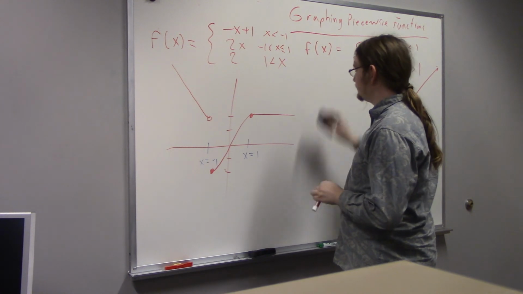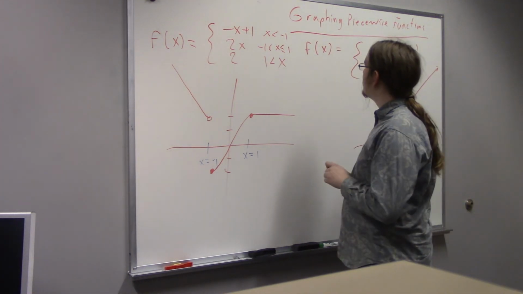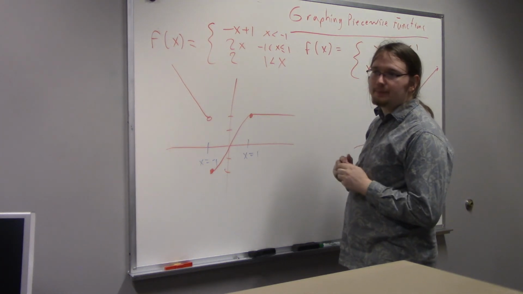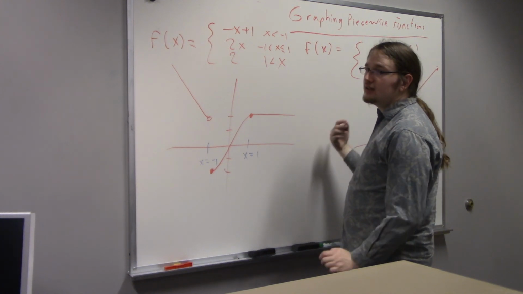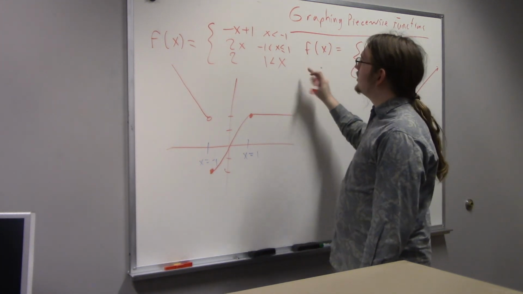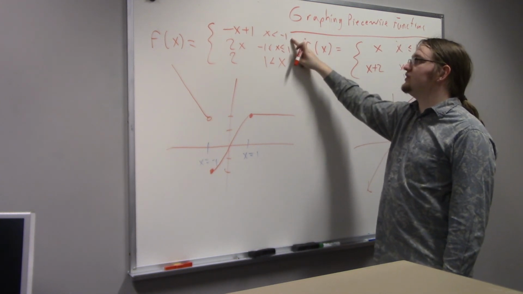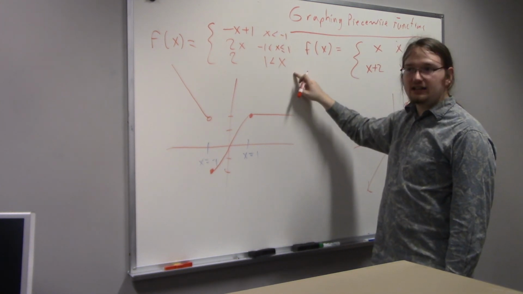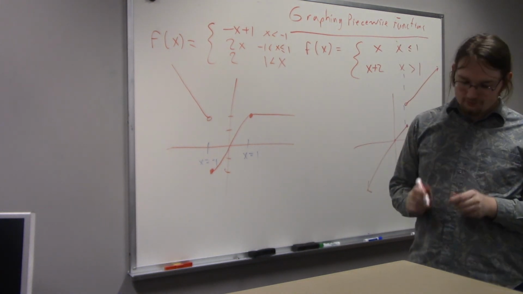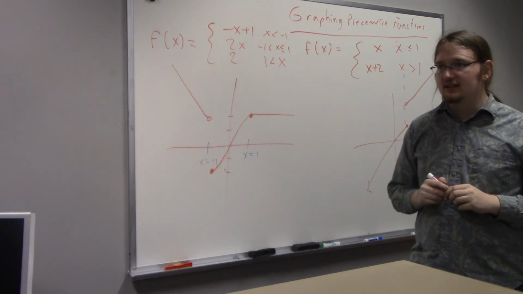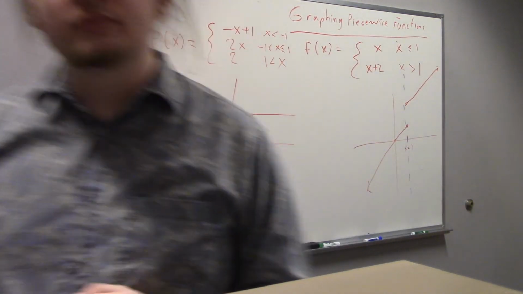So, in order to graph these piecewise functions, you split it up into functions on each individual domain, and then you just graph those functions individually on the same paper on each of their respective domains. Okay.